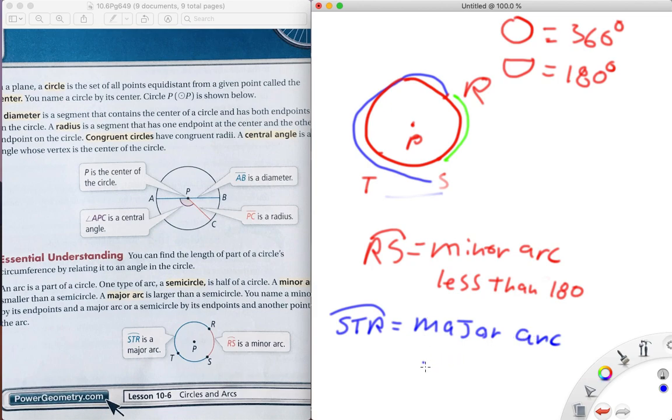It's a major arc because it's greater than 180 degrees. We call STR with 3 letters. Notice that a minor arc has 2 letters, RS, and the major arc has 3 letters, STR. That's important.